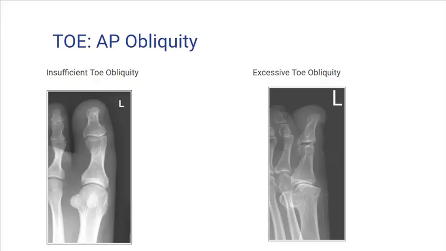This indicates that the toe was rotated more than 45 degrees, exceeding the optimal obliquity. Proper evaluation of these anatomic relationships will help ensure that you get a more diagnostic image.